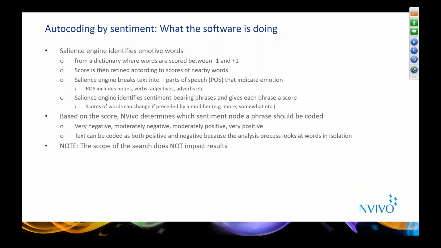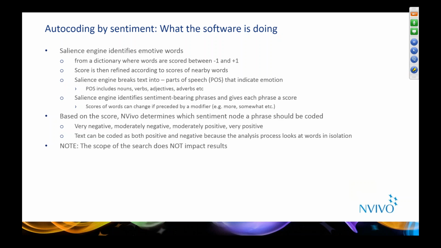And you need to be aware that text can be coded as both positive and negative, because the analysis process is looking at the words in isolation. And also you have to bear in mind the way people talk. So they might be saying something quite negative, but using positive words in it, or vice versa. And obviously you can't pick up sarcasm.